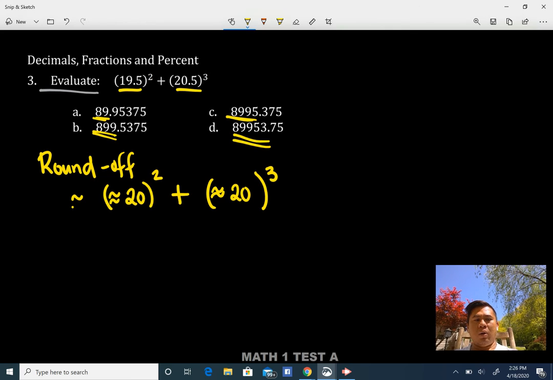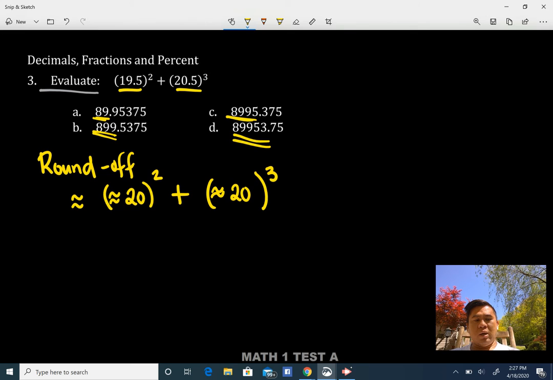Again, what I'm doing in this case is to round off 19.5 and 20.5 to the nearest number that is most convenient for me. You might be thinking right now, 20.5 should be rounded off as 21. I would say yes, you can do that. But for my personal opinion, considering 20 is easier to cube than 21, I would simply choose 20.